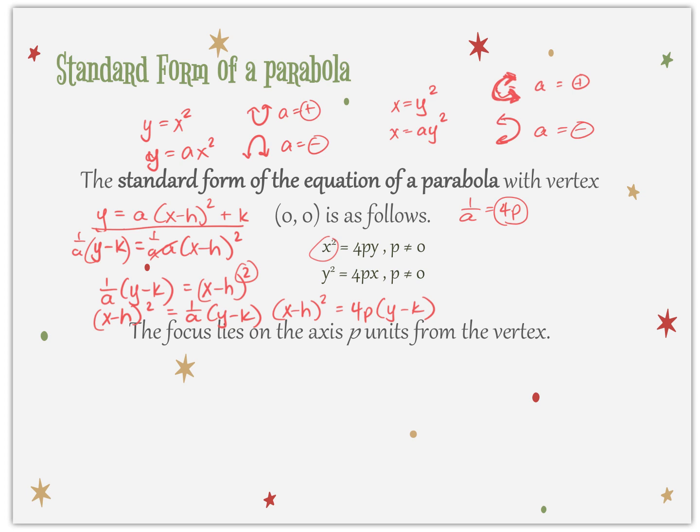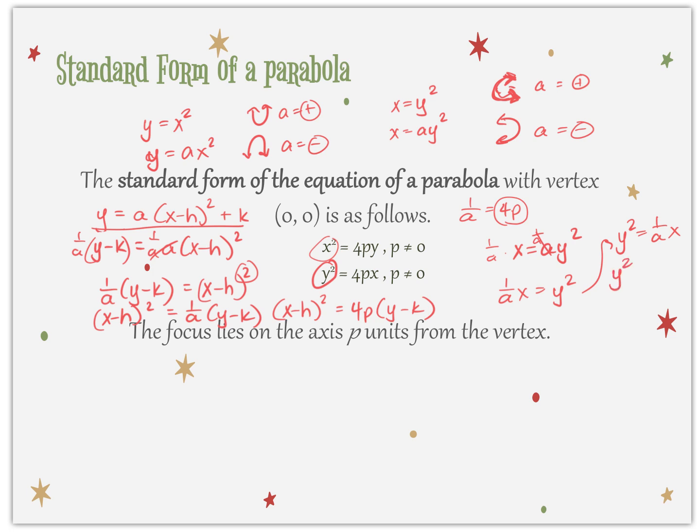And so we are also going to deal with the scenario where you have y squared equals 4px. So once again, we would start out with x equals a times y squared. Then we would multiply both sides by 1 over a. We'd get 1 over a times x equals y squared. And remember, we want the squared part on the left, so y squared equals 1 over a times x.